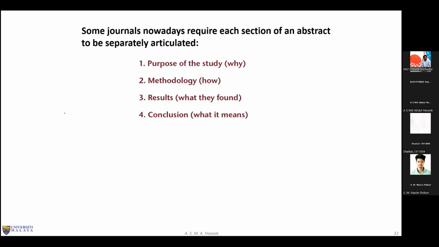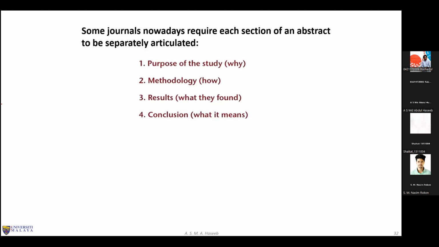Now, some journal editors are quite concerned because some authors cannot write an abstract in the balanced way that I showed you. So in order to make sure that such errors do not happen, they give you a prescription. They ask you to write your abstract under these sections. Like you first write the purpose of the study, how, methodology, and the result, what you have found, and the conclusion or the main meaning of it, which is equivalent to some discussion.